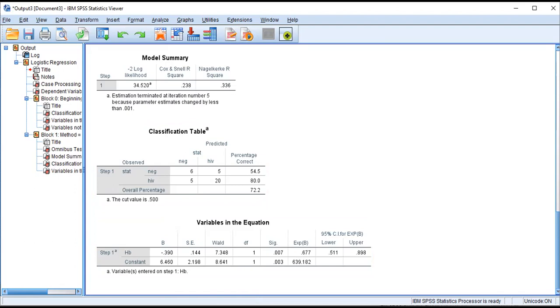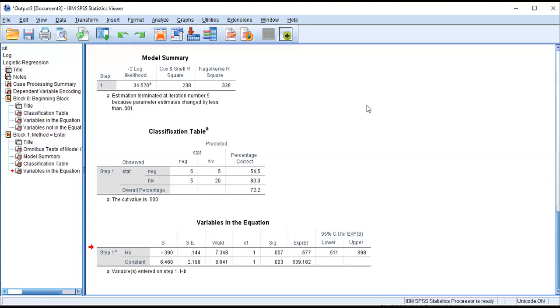What this means is that increasing the HB level, or a change in the hemoglobin level, decreases the chance of having HIV by negative 3.90.